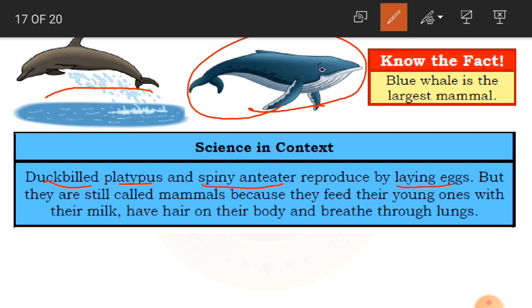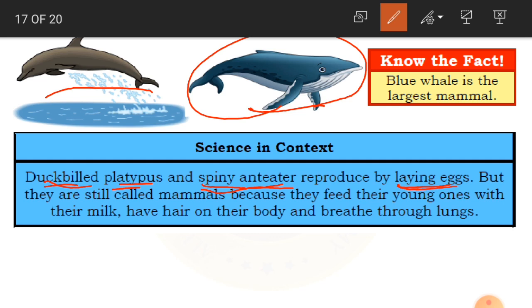So you might have wondered: as we said before, mammals give birth directly to the young ones, but these two animals reproduce by laying eggs.